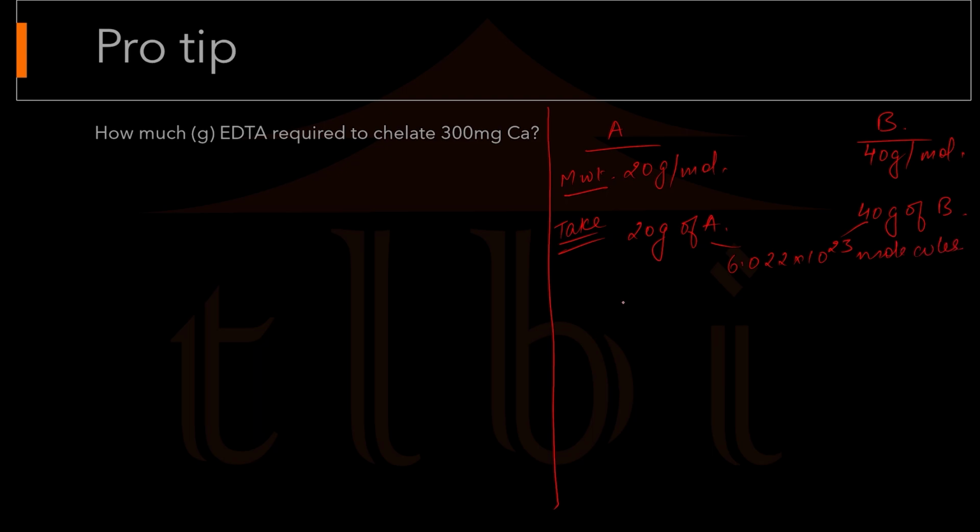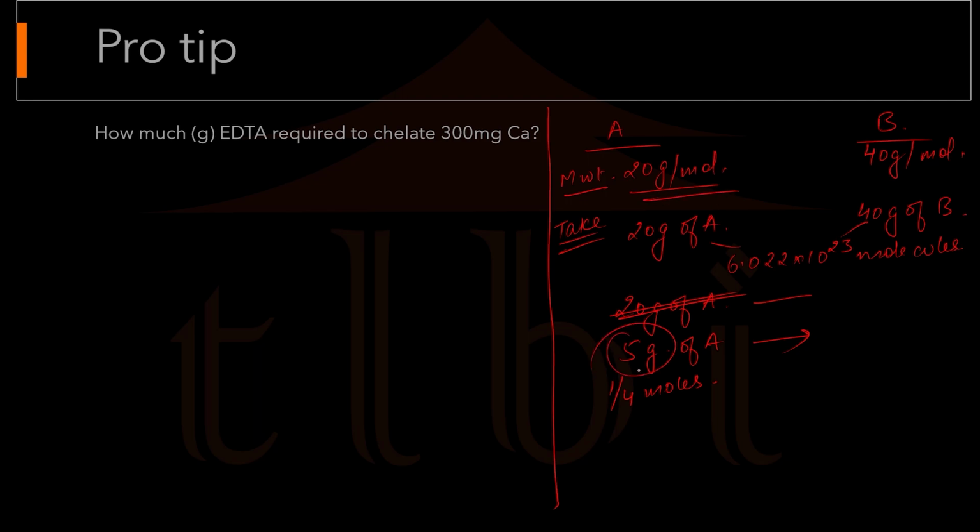Now if I ask you, let's take 20 gram of A. Let's take another example. Let's not take 20, let's take 5 gram of A, right? That means this is 1 by 4 moles because its molecular weight is 20 gram.